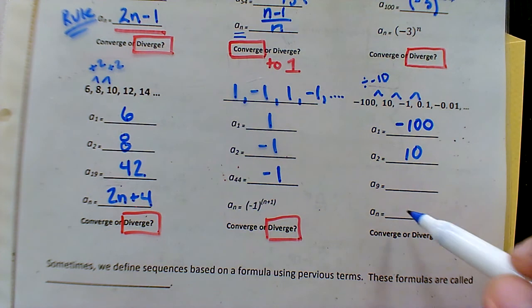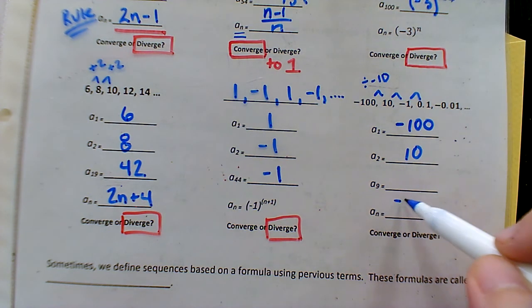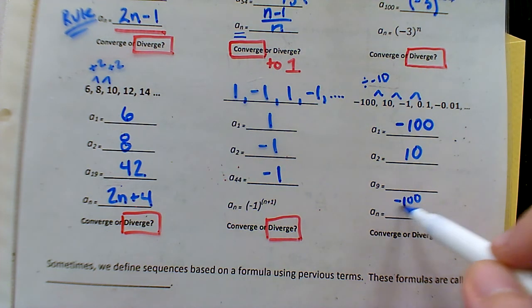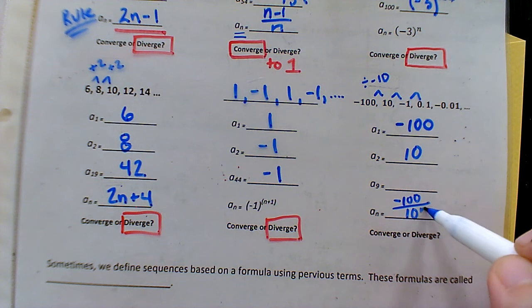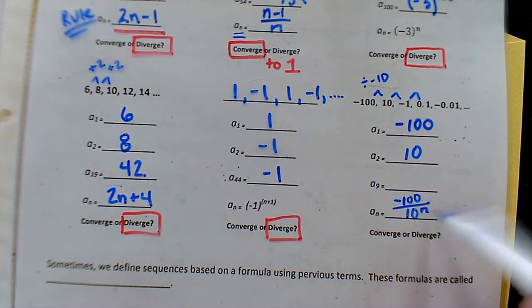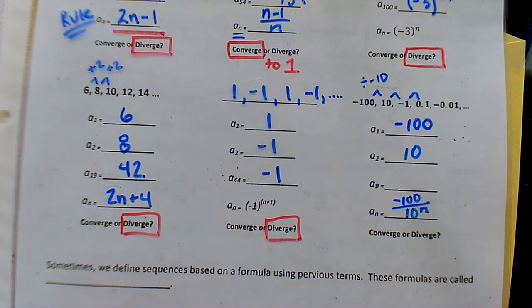-100 divided by 10 then. -100 divided by 10. 10 to the n, like that. Let's check it out. So if we plug in 1, that would give us negative 10, right, if we plug in 1, but not negative 100. You want negative 1,000 instead? So if we plug in 1, that would give us negative 100.